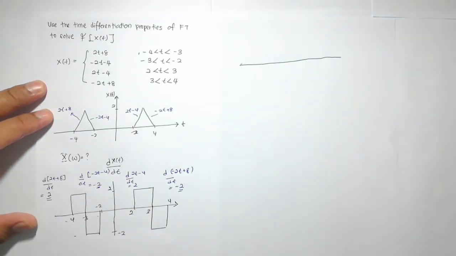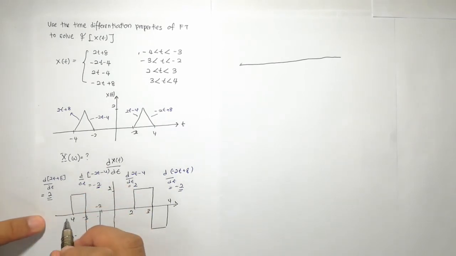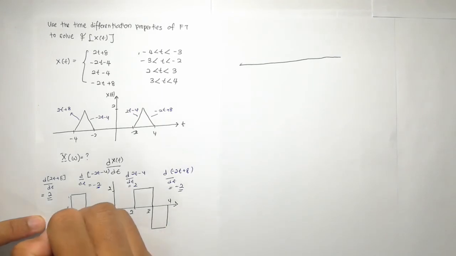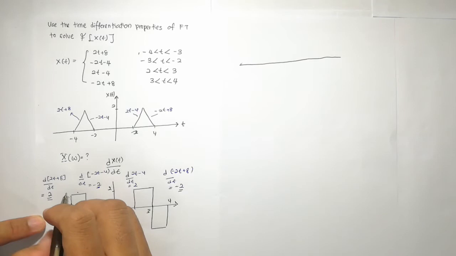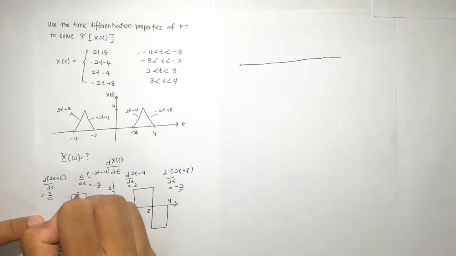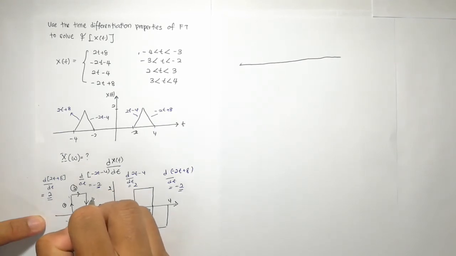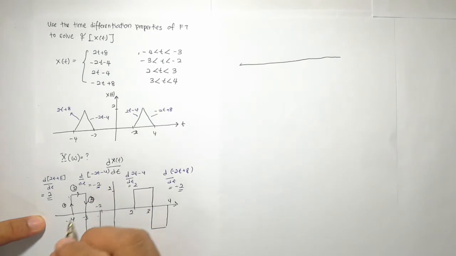So when we differentiate this, we need to split it in terms of these transitions, and then we will look into each transition. I want to label these. This is the first one, then the second, then the third, and then down here the fourth, and then the fifth one.